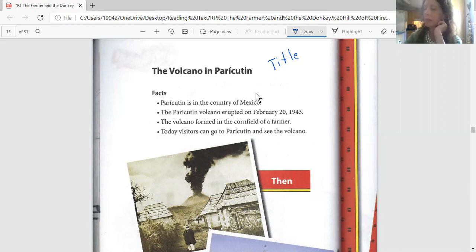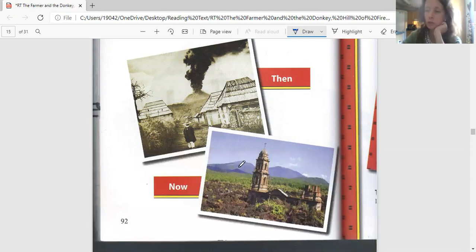Okay? And then the next thing that we have here, we have a couple of pictures. So we can put pictures right here. And these are my labels for my pictures.